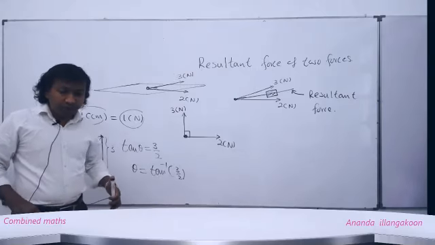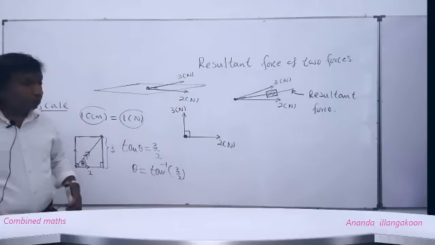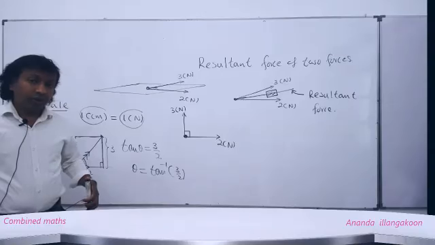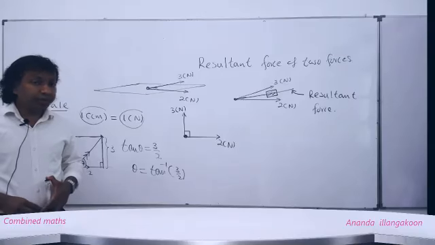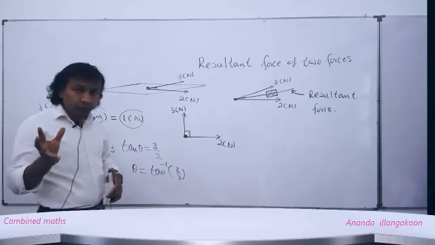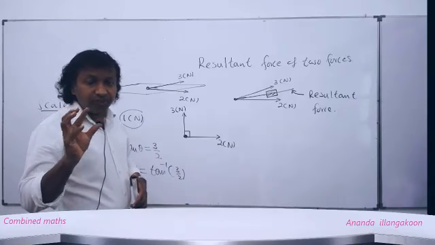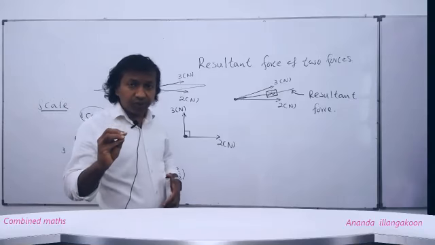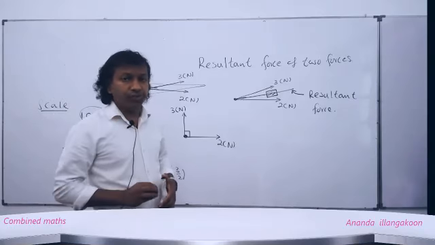In this part, really, I want to tell you the resultant means: instead of those two forces, what is the single force we can use to give the same effect? That force is called a resultant force.